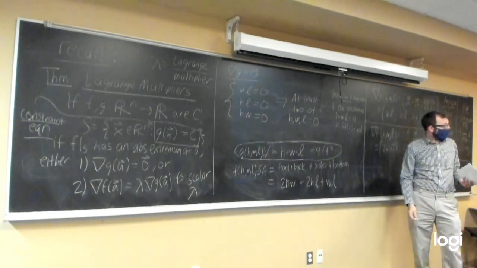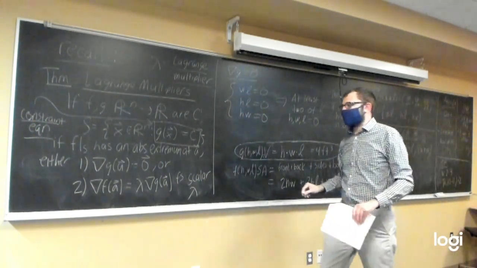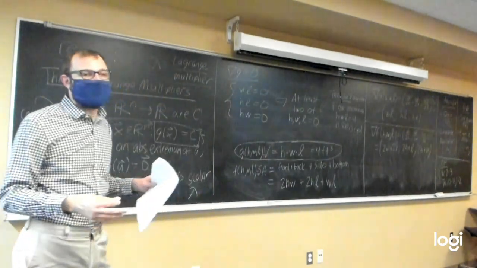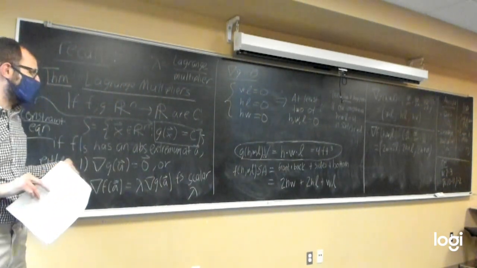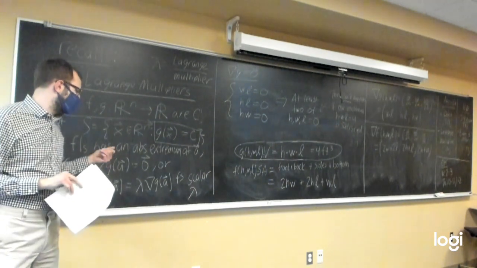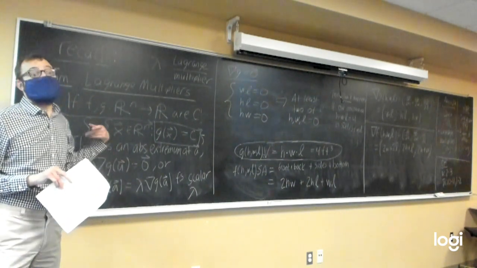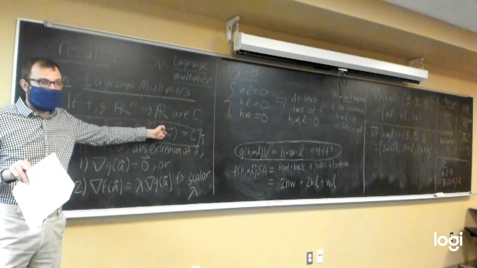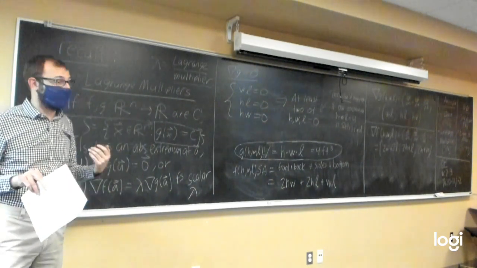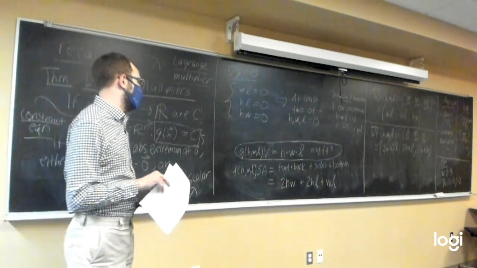And so what does that mean? That's ultimately going to mean case number 1 here isn't going to give us any points to work with. We're not going to be able to find any points where the gradient of G is 0 and that also satisfy our constraint equation, that volume equals 4.